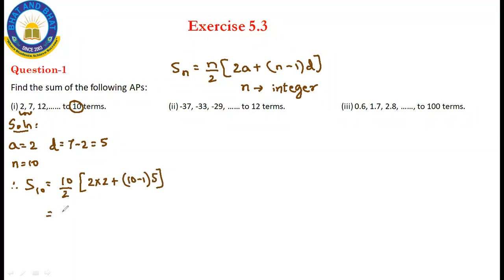That is equal to 5, 2 2s are 4 plus 10 minus 1 is 9, 9 5s are 45. So 5 into 4 plus 45 is 49. 5 into 49 is 245. So S10 is 245.